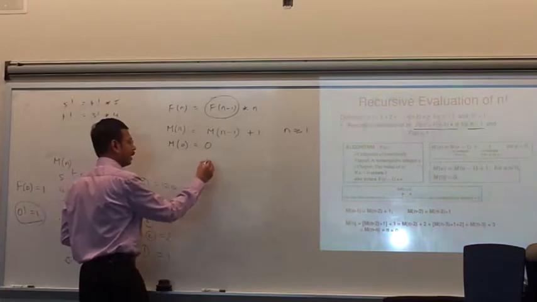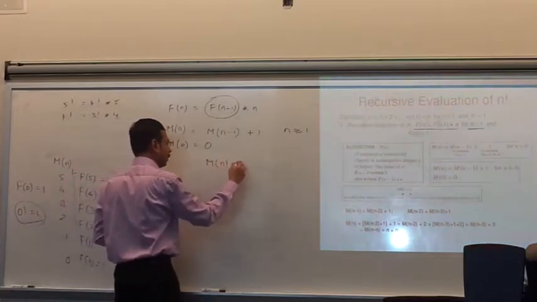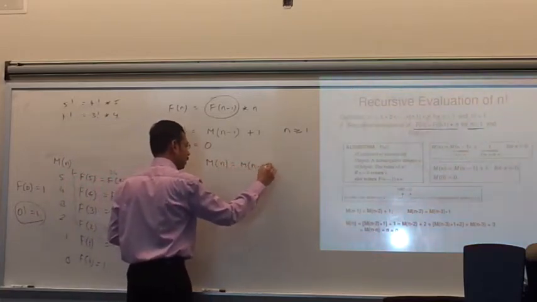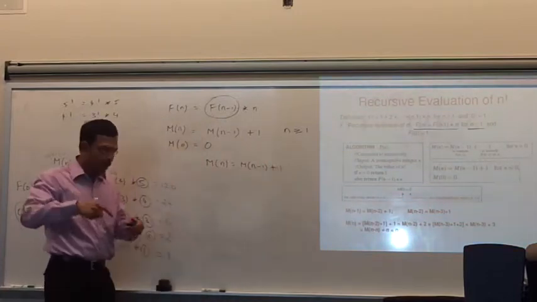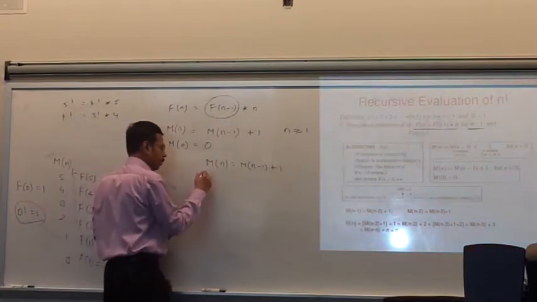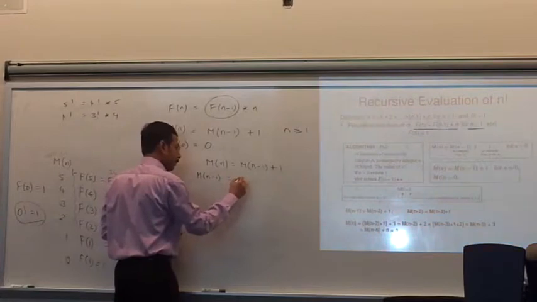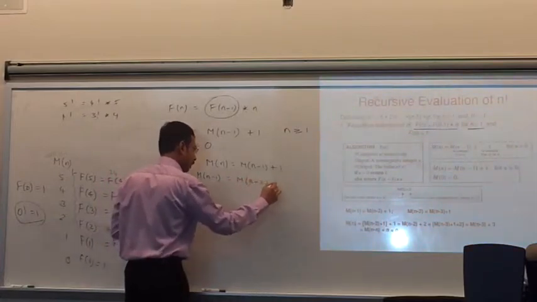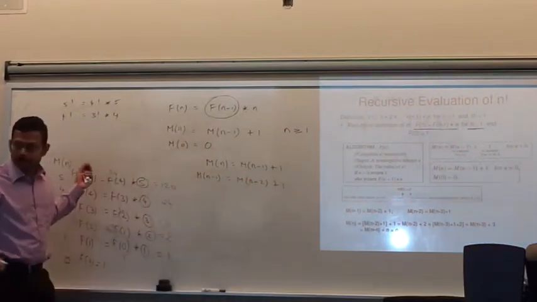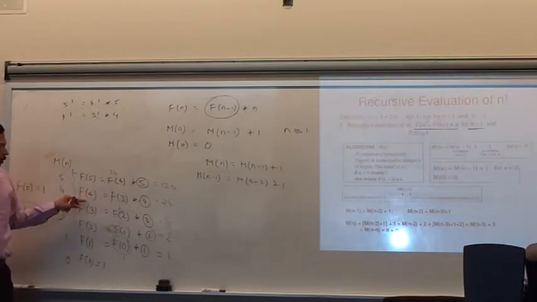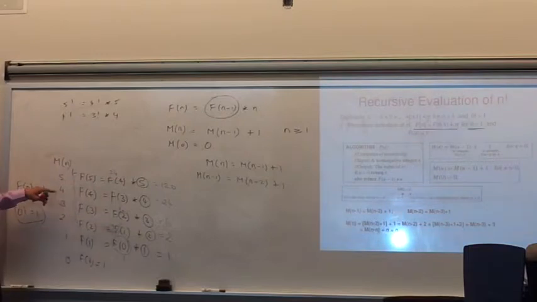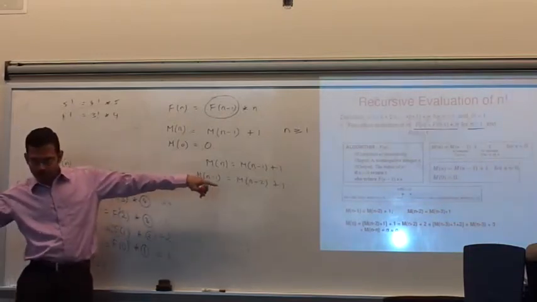Given that m of n is m of n minus 1 plus 1, I can write that m of n minus 1 is m of n minus 2 plus 1, isn't it? That's what it is. The factorial of 4 is factorial of 3 times 4, and for that the number of multiplications is 1 more than for 3 factorial.